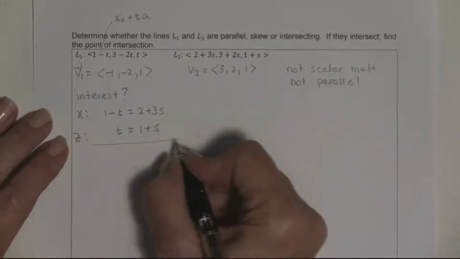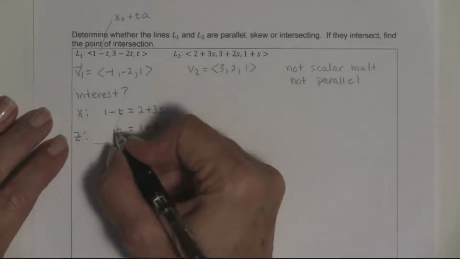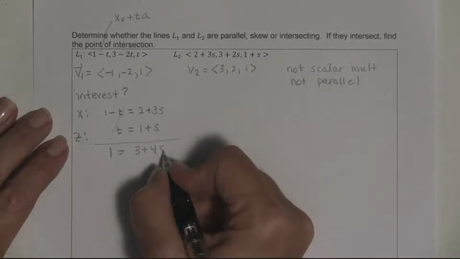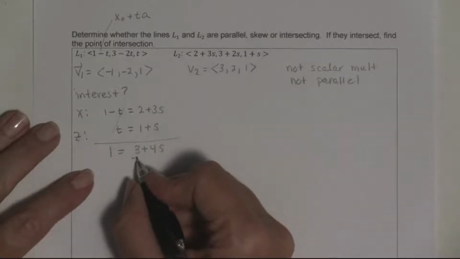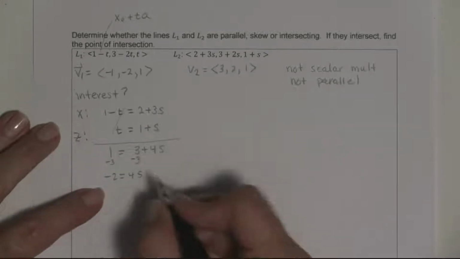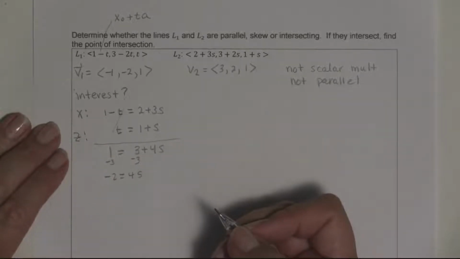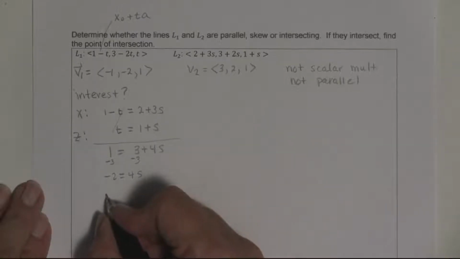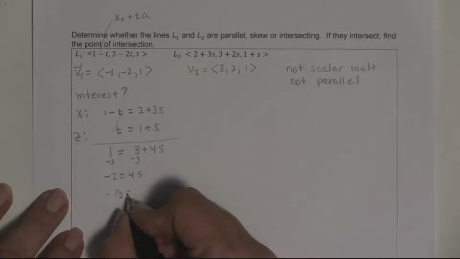When I add the equations together, the t's drop out, giving me 1 on one side and 3 plus 4s on the other. When I take away 3 from both sides, I get -2 equals 4s. So s equals -1/2 when I divide by 4.